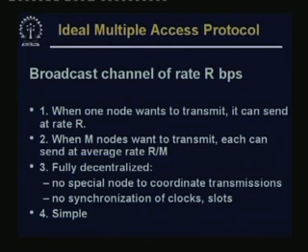But of course, it is difficult to achieve this theoretical rate, because there will be some overhead for the protocol itself which will eat up something, and none of the protocols are 100% efficient. Secondly, we would like it to be fully decentralized.